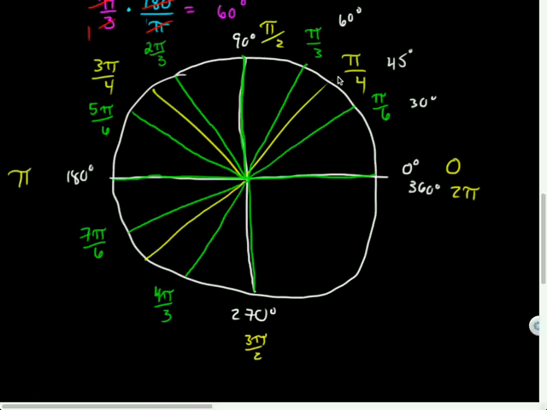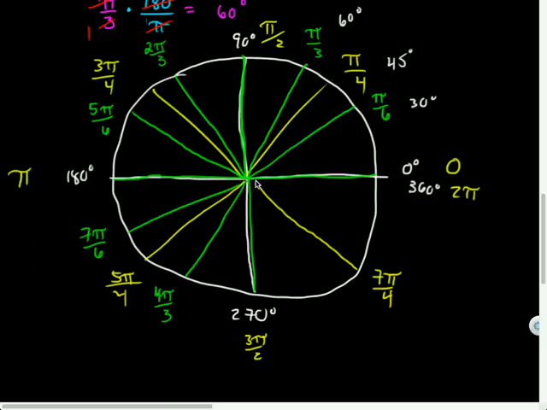So if this is pi over 4, here's 2 pi over 4, 3 pi over 4, 4 pi over 4, and 5 pi over 4. And then this would be 6 pi over 4, which reduces, and this would be 7 pi over 4. I'm just distinguishing between my pi over 4 slices and my pi over 6 ones. And what would this one be?